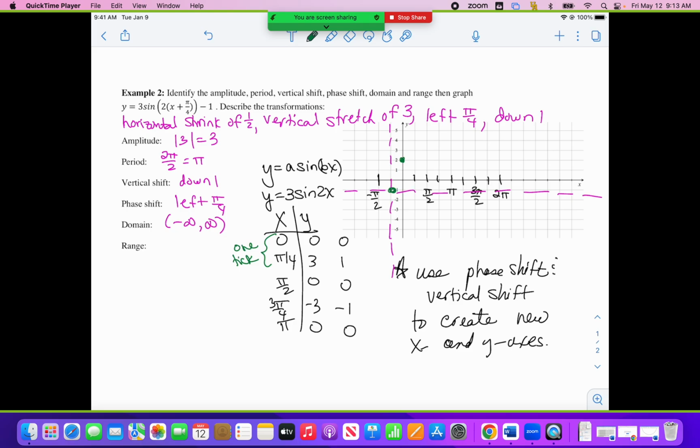Then I'm going to count 1 tick to the right, that's 0. 1 tick to the right and down 3. 1, 2, 3. So that's pi over 2, negative 4. To the right tick. And then let's just keep going because I want to get 2 full cycles on here.